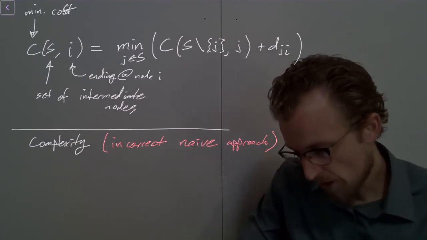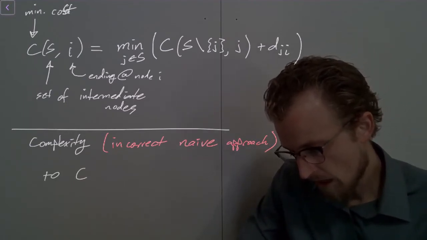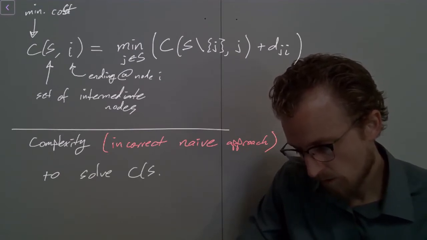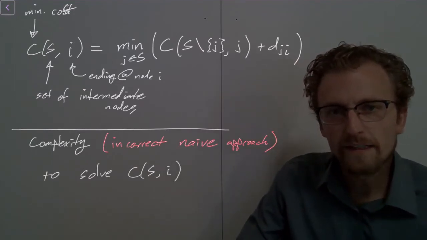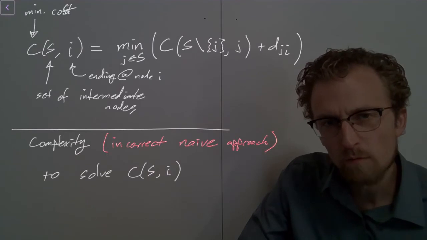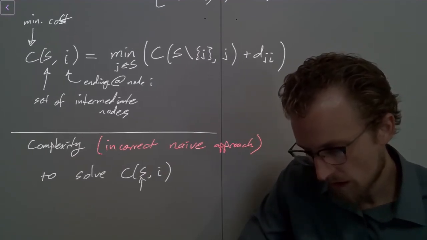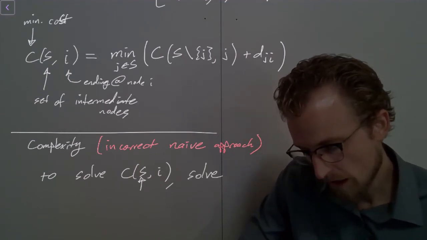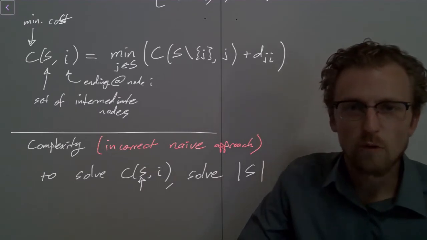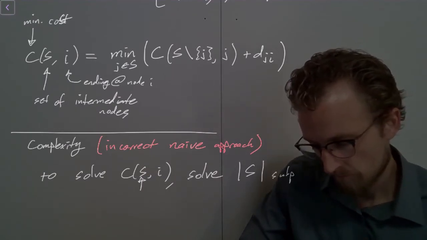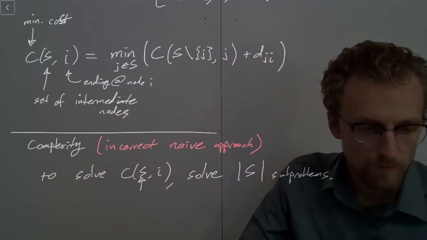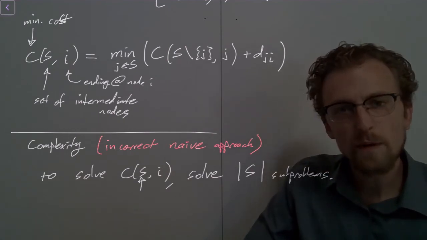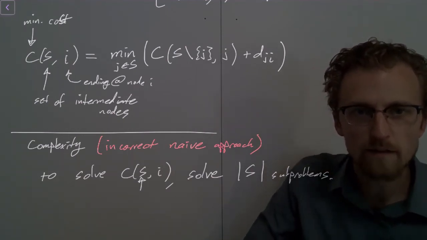Well, to solve C of S and I, so to solve this subproblem, I need to solve as many subproblems as there are nodes in this set, right? So I need to solve essentially this many subproblems, okay? And so as we're building our recursion tree and setting up our recurrence relation, we should expect to see at most that number show up.